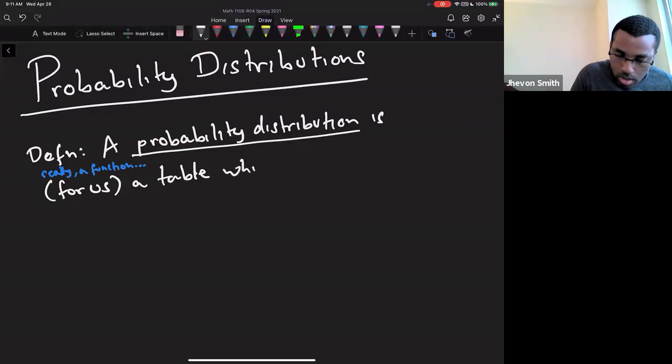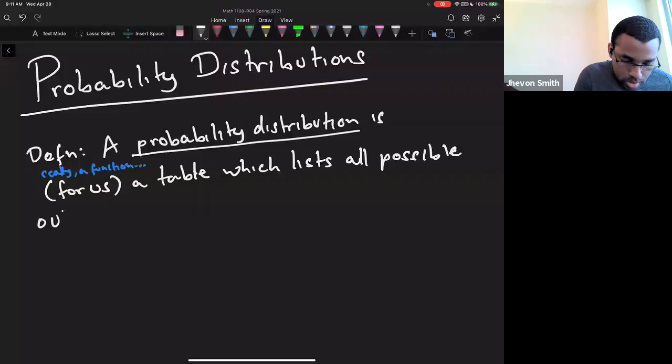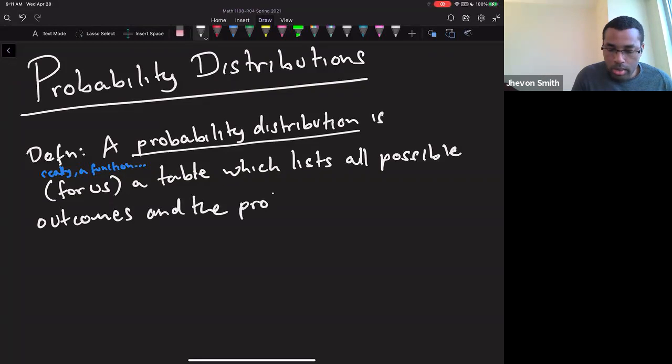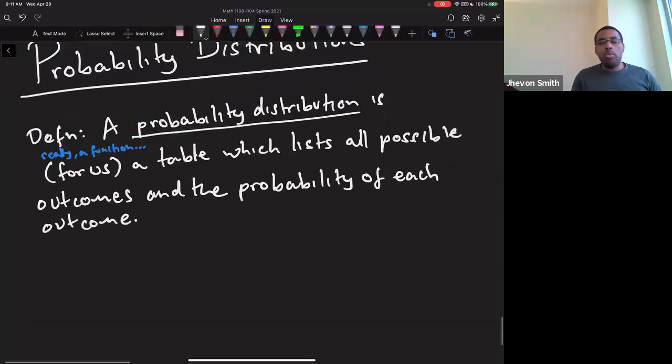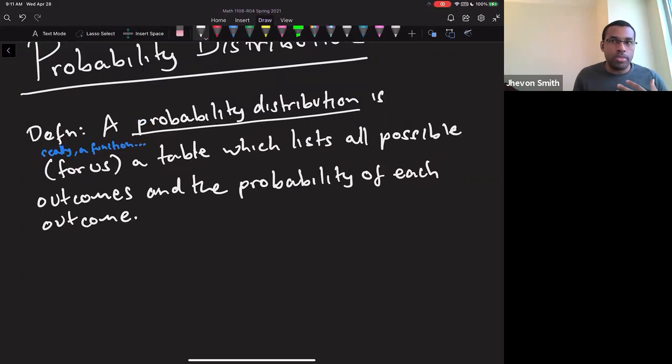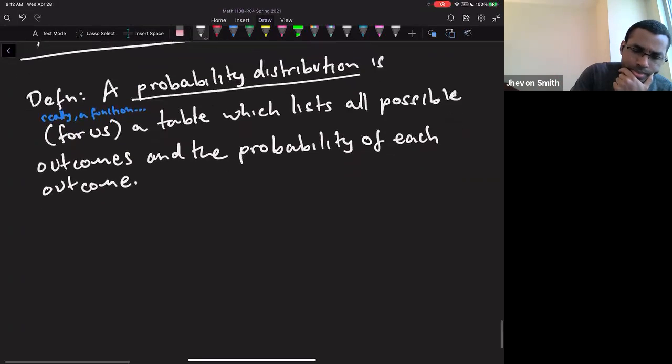Which lists all possible outcomes and the probability of each outcome. I want you to think of it as a table because whenever I ask for it, I would expect you to give me the answer as a table, but it's really a function.